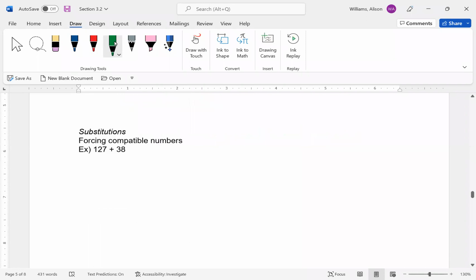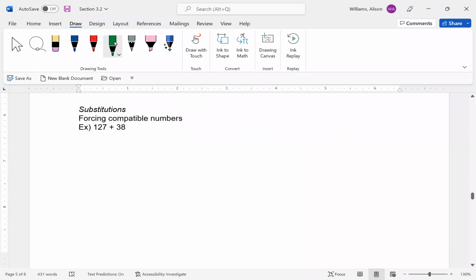Okay, let's try substitutions. Substitutions are ways that we force there to be compatible numbers. So it usually means we're going to rewrite one of the numbers so that it works. Let's start with 127 plus 38.